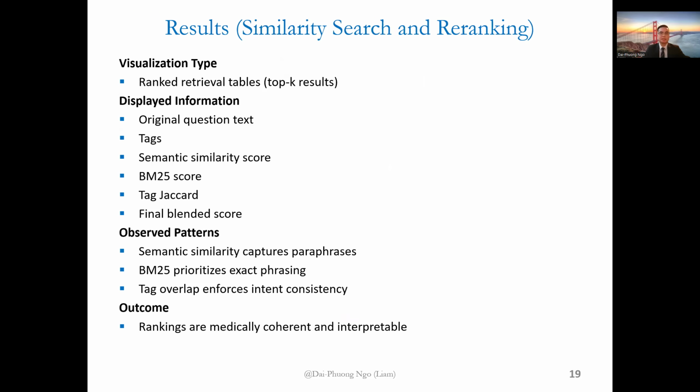For tag-only queries, semantic and lexical scores collapse gracefully, and ranking becomes driven almost entirely by tag Jaccard similarity. Mixed queries show the strongest behavior, as all three signals reinforce one another.